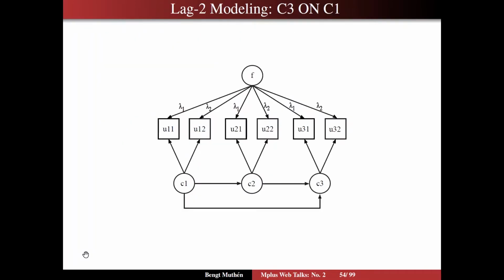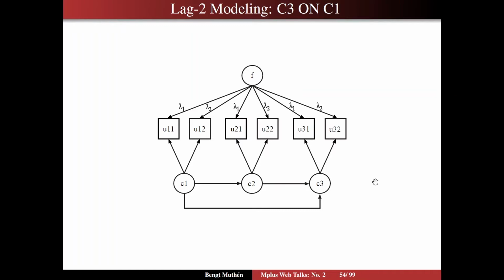Another way to modify the model is to change away from the lag 1 modeling, which is the standard in LTA. So here we have a picture of 3 time points, and we can then entertain the notion that maybe we have lag 2 relationships going on here. That is, C1 influences C3 directly. And with the 4th time point, you would have C2 influencing C4 directly.